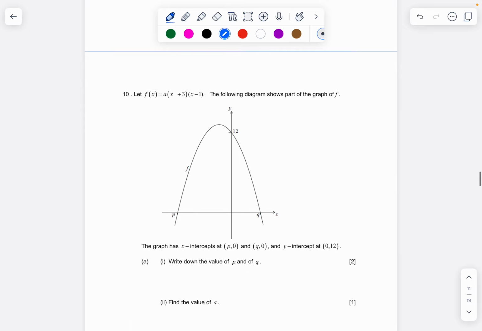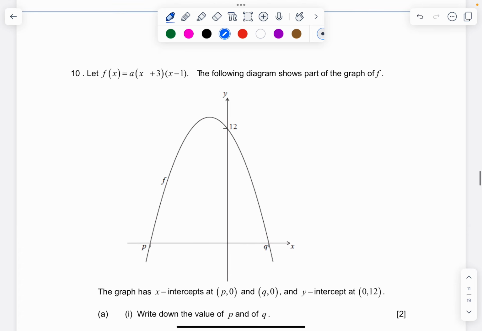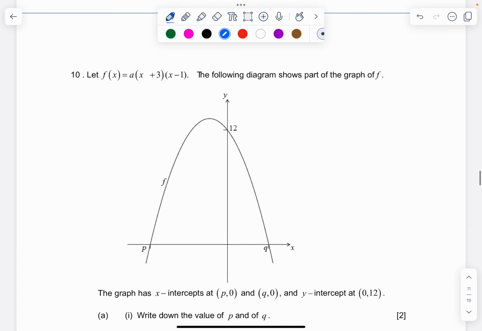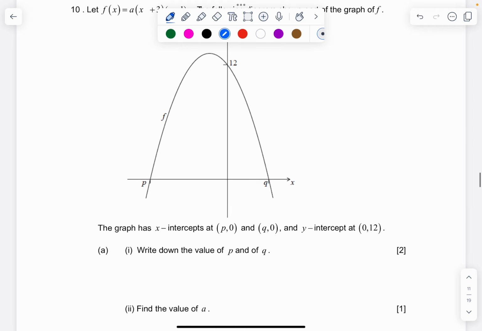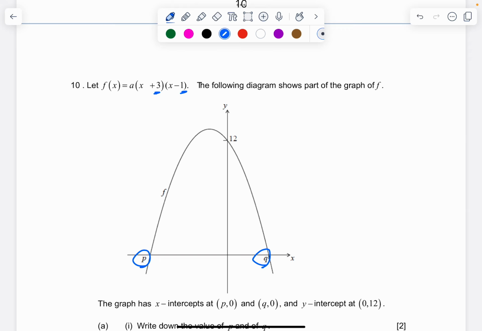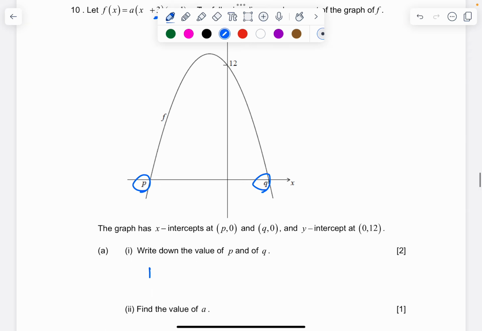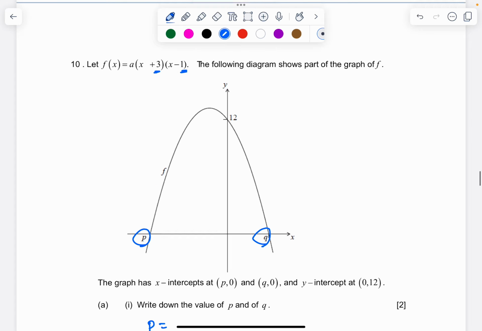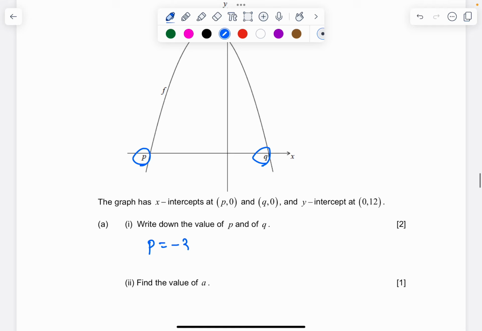Okay, so let f of x equal to a times (x plus 3) times (x minus 1). Write down the values of p and q. So we know that these are the x intercepts. So basically p is going to be negative 3 and q is going to be 1.